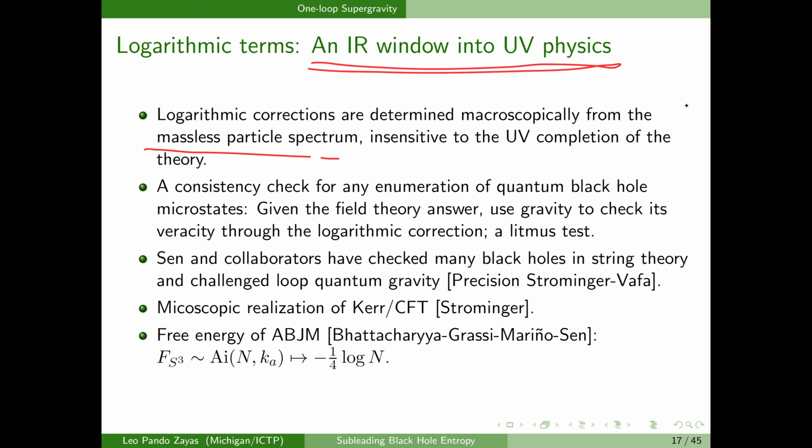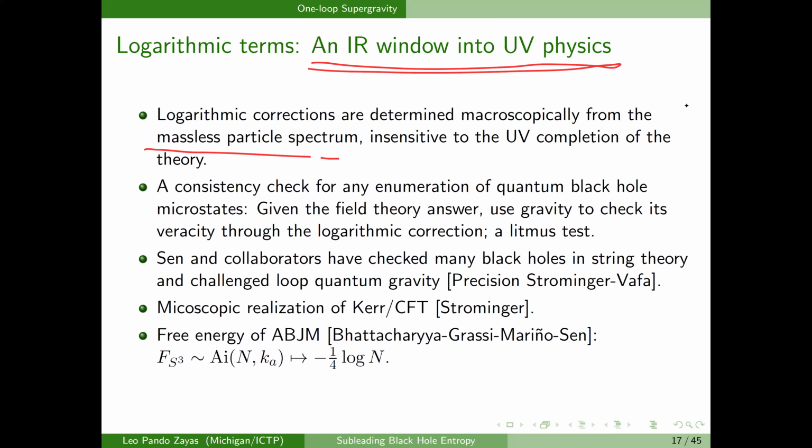Sen and collaborators have checked many black holes in string theory and challenged loop quantum gravity using this kind of analysis. And this provides a deep insight into the Strominger-Vafa accounting. The microscopic realization by Strominger has also shown that these logarithmic corrections are another test passed, in the context of the Kerr/CFT.